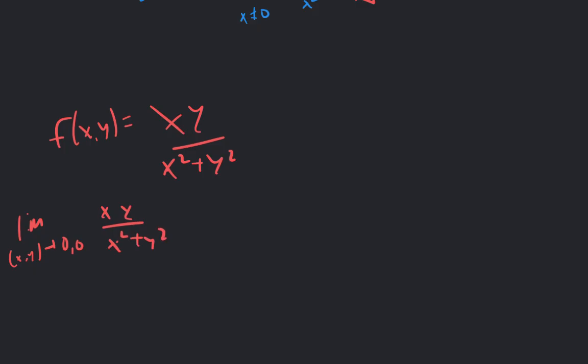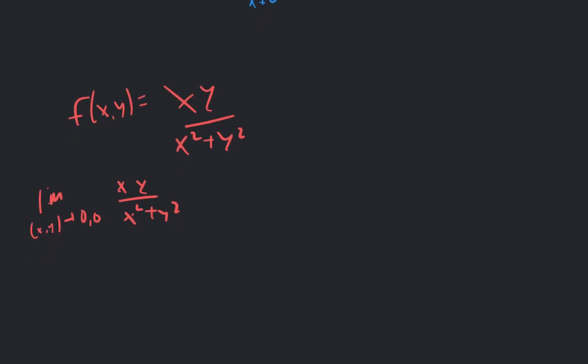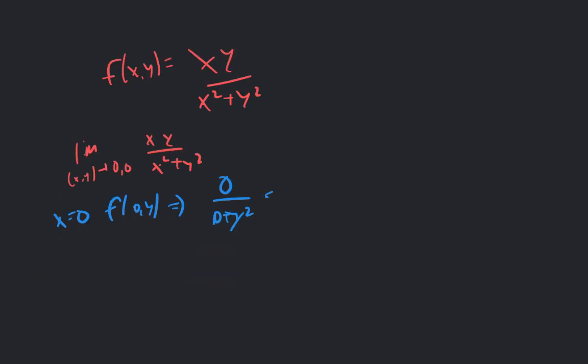So first, let's do x is equal to 0. So then we have f of 0 comma y, and this just gives us 0 over 0 squared plus y squared. This just turns out to be 0.